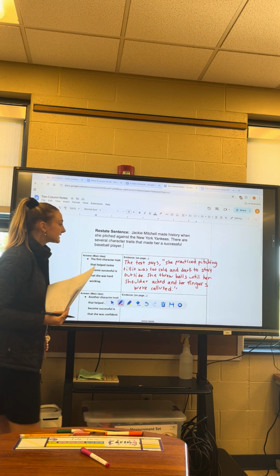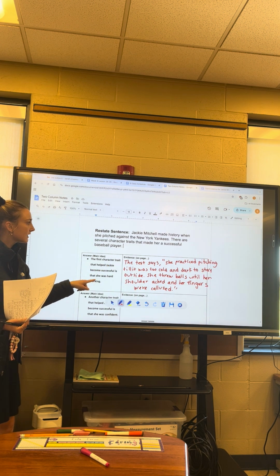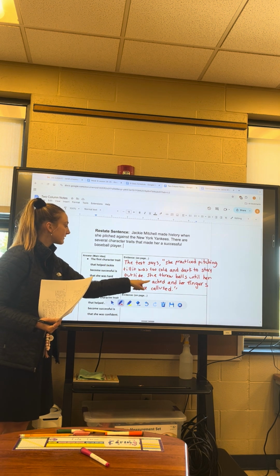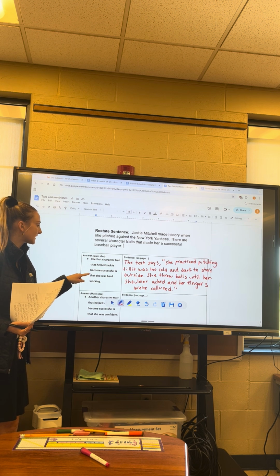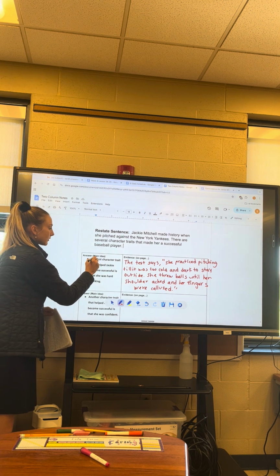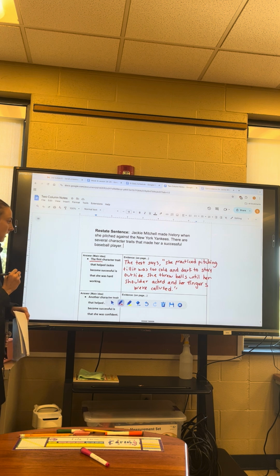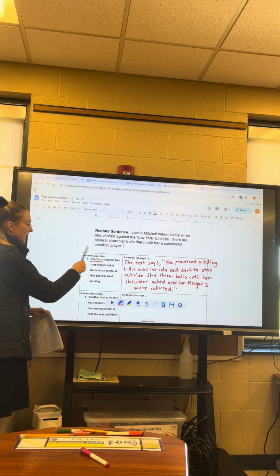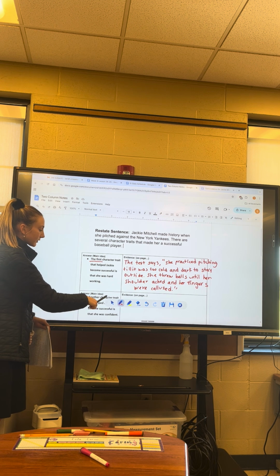Okay, so what I did there is I just cited evidence to support my main idea. Okay, this example, this evidence supports the first character trait that helped Jackie become successful is that she was hardworking. Okay, the other thing I want to highlight is when you are stating your main idea, include transition words. Okay, I use the word the first. For my second example, I use another character trait.